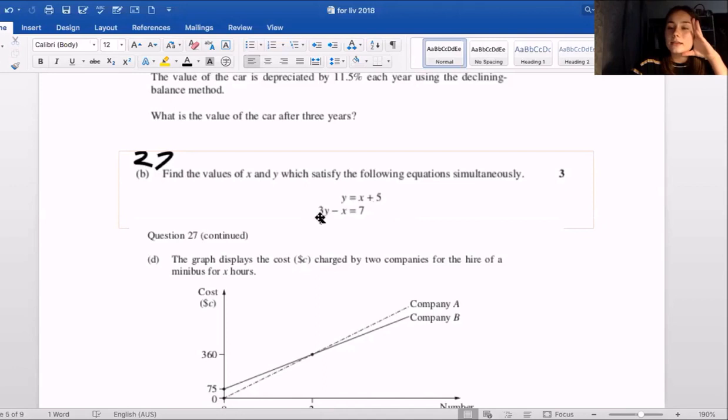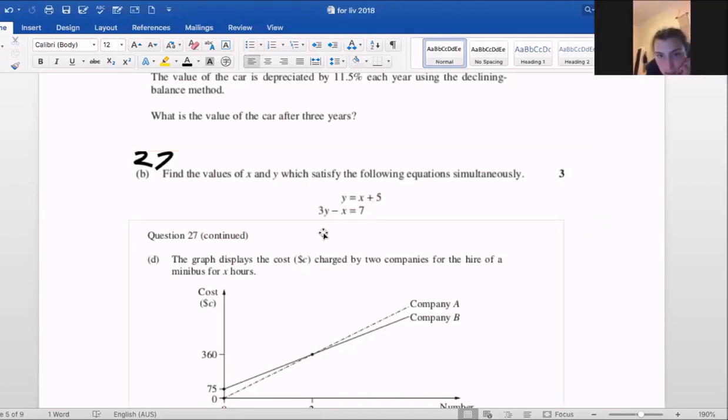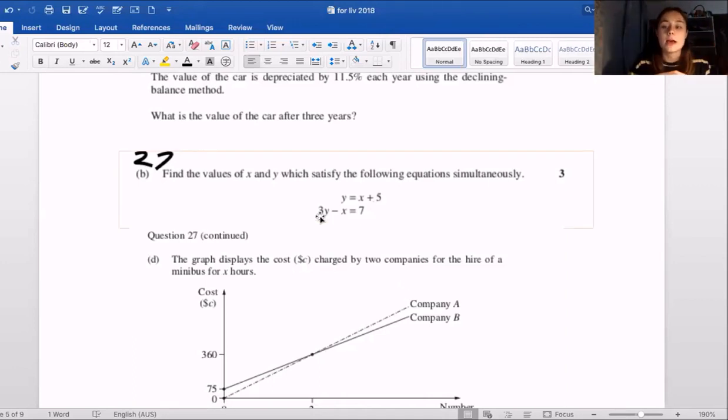Does that make sense? Kind of, yeah. I don't know how to explain it better. No, it's okay. I'll do it and see if I get it wrong or right. Okay. But, yeah, if the x and y were on the same side, do elimination. But if one of them's by themselves, do substitution. Okay.